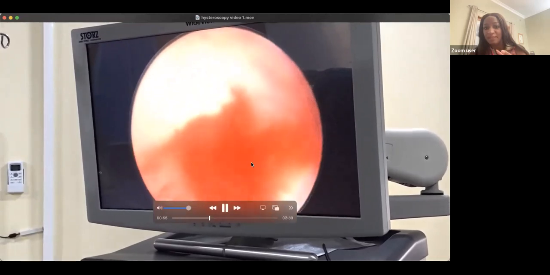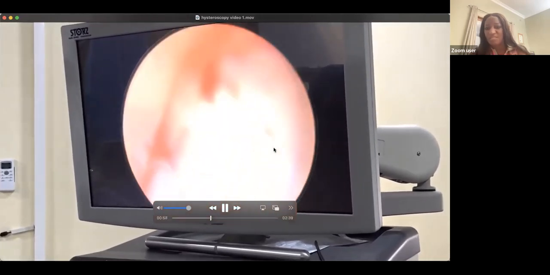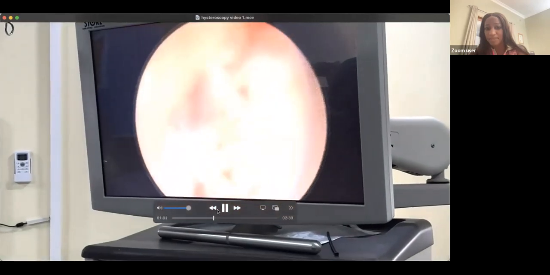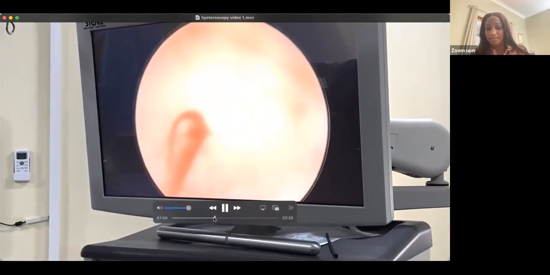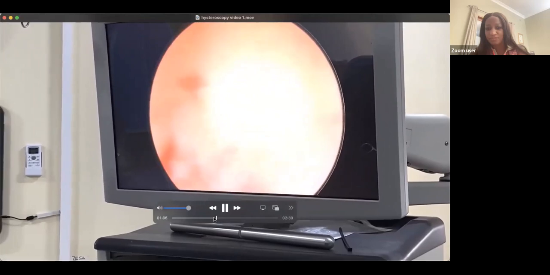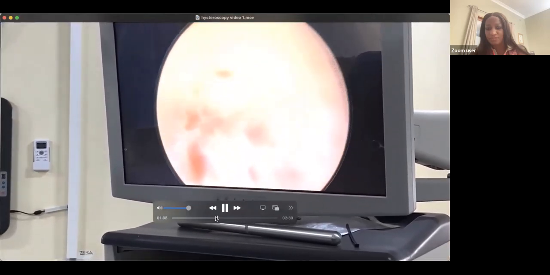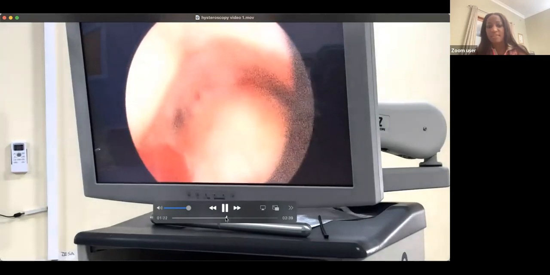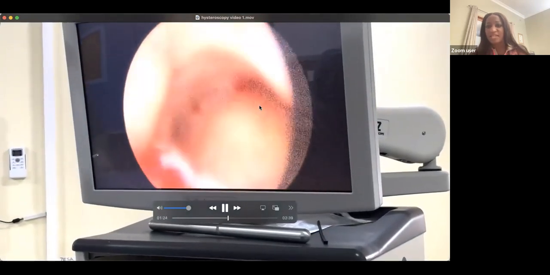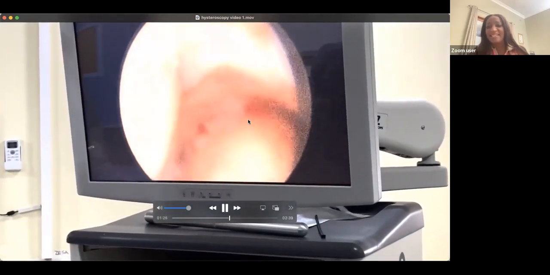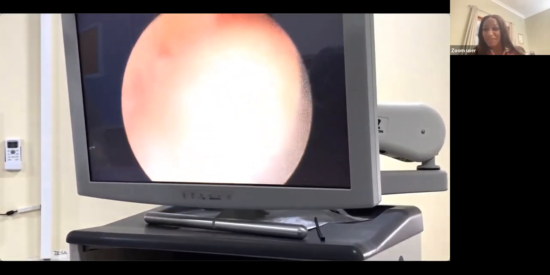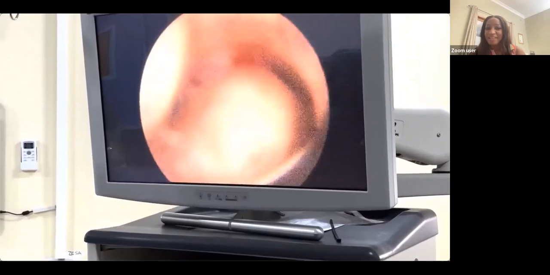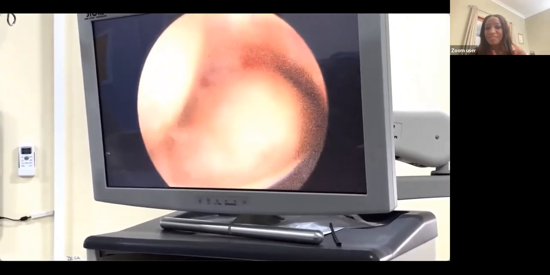And this is an example, we're getting there. This patient had an intrauterine polyp, and we're getting to it now. Okay, so there we see that this patient has a polyp, and in this case, at this hospital, unfortunately, the resectoscope stopped working on us, and the patient thankfully did not bleed that much.